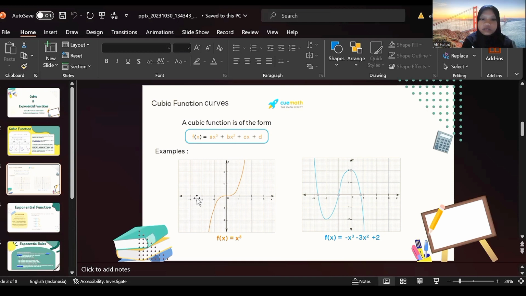So now you don't need to figure out exactly what a cubic graph will look like just by looking at the equation, but you do need to know whether it will go from the bottom left to the top right or from the top left to the bottom right. And you can tell this from whether the x cubed term is positive, like it is for y equals x cubed, or negative.